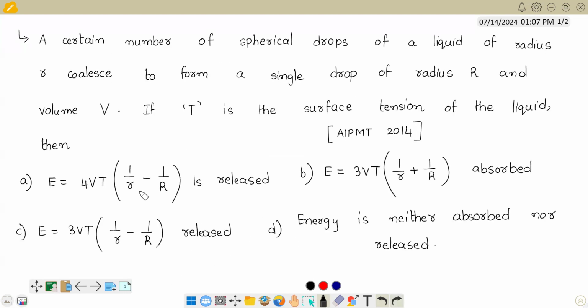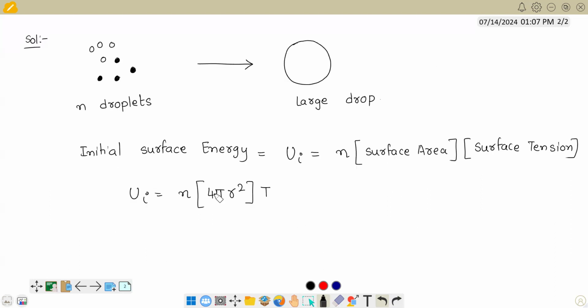But as you can see in the options, everything is given in terms of volume. Since it is in terms of volume, I have to bring volume into the picture. We know n droplets, each droplet has a volume of 4 by 3 pi r cube.